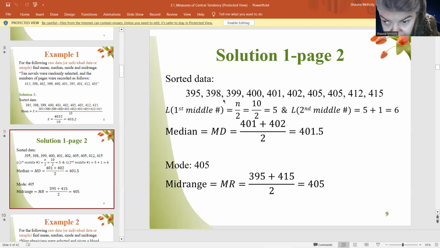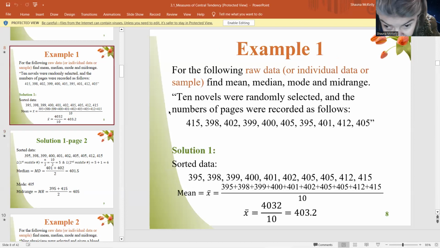Sometimes we can write the data out and sort the data here, and then use the middle answer, the middle number. But usually what we do is we use what we call our location. So what we do is we count the amount of elements we have, okay?